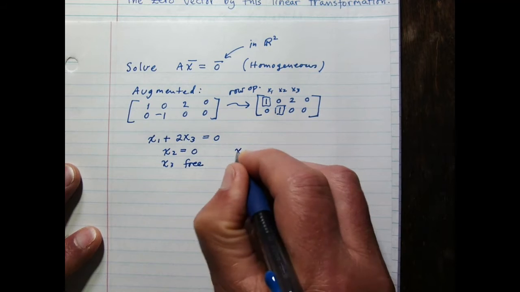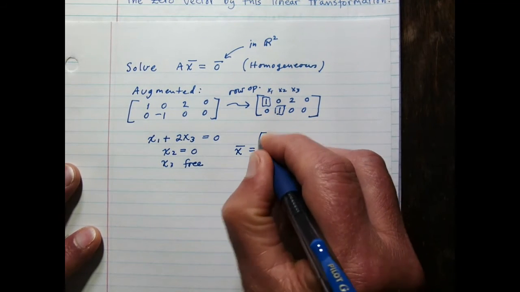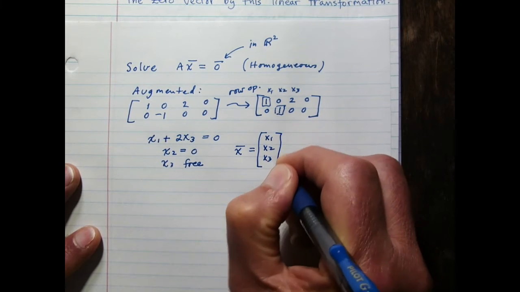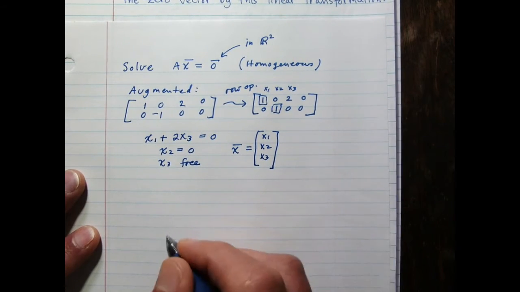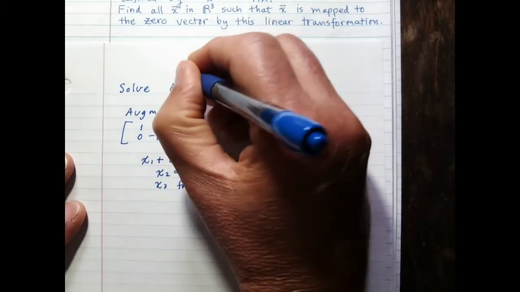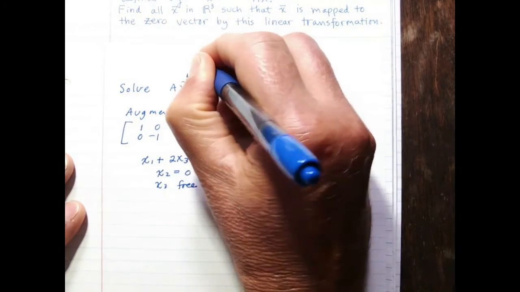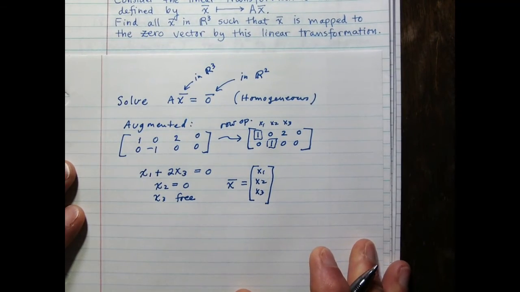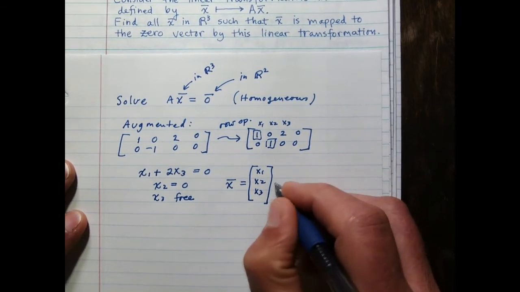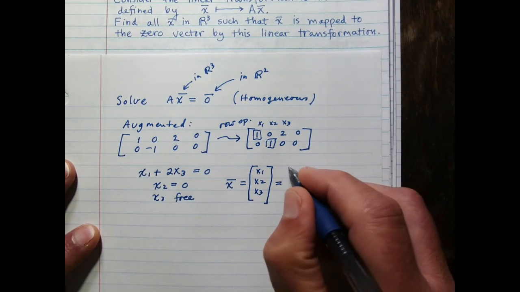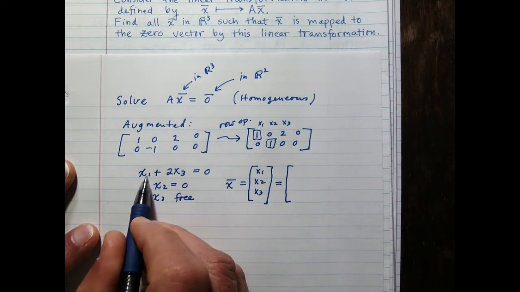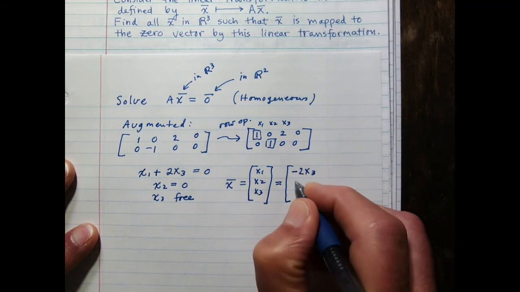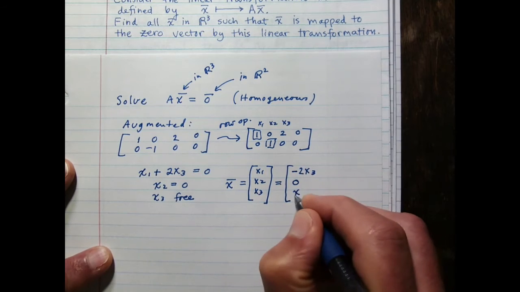And so let's describe our solution now in vector form with that X1, X2, X3. Again, X is in R3. The 0 is in R2, right? And so our X is going to be X1. If I solve for X1 here, I get minus 2X3. X2 has to be 0, and X3 is free.